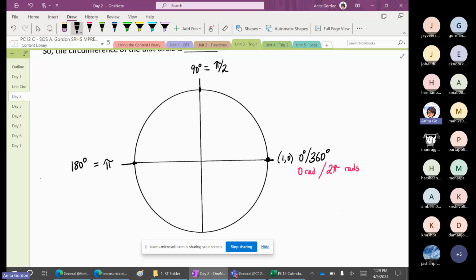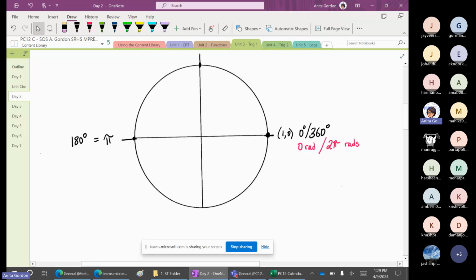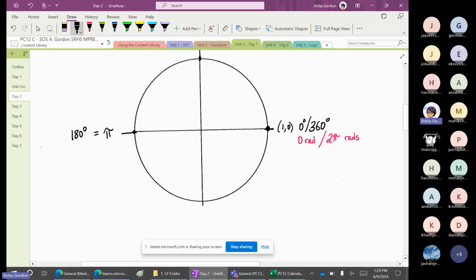Okay, and if I go 3/4 of the way, pi plus half a pi, how many pi's is this? 1.5. Can we reduce that to 1 fraction or put it together? 1.5 is what as a fraction? 3 halves, yeah, 3 pi over 2.